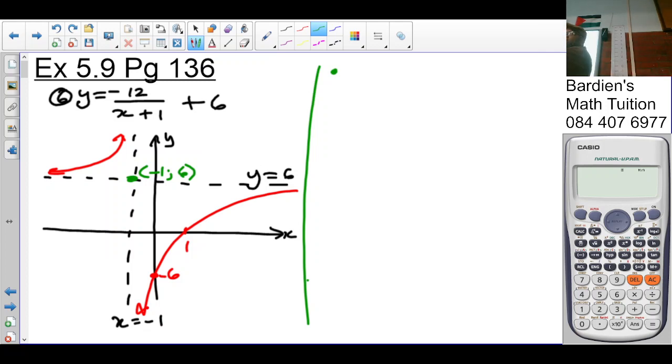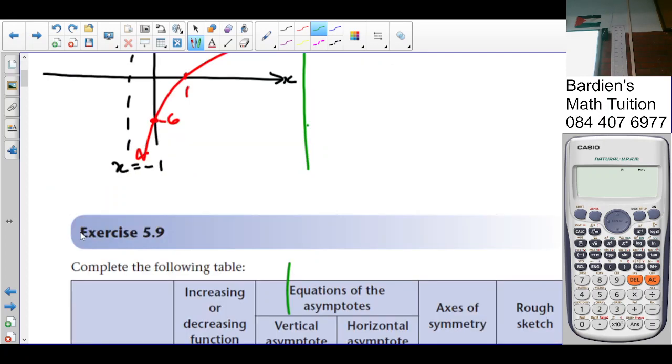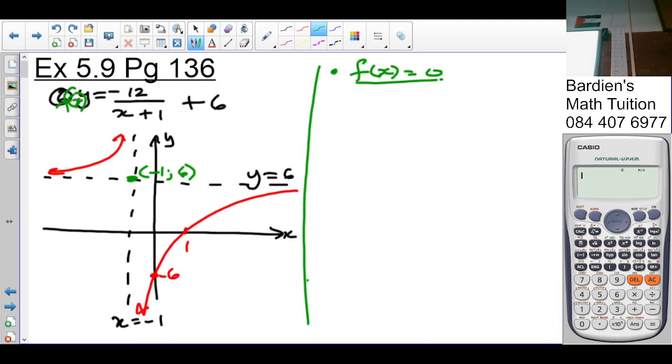Next. Where is f of x equal to 0? That's basically where it cuts the y equal to 0 line. That's y equal to 0. So for which values of x is f of x equal to 0? X equal to 1.